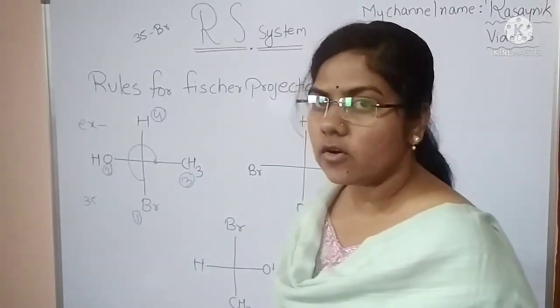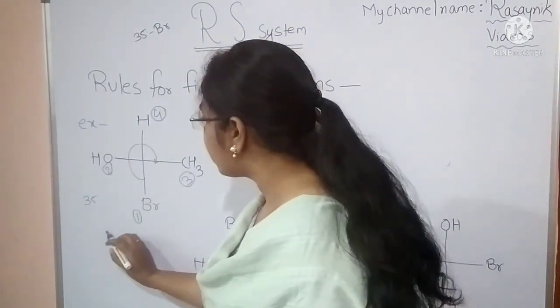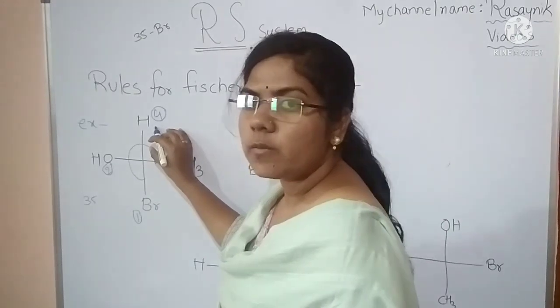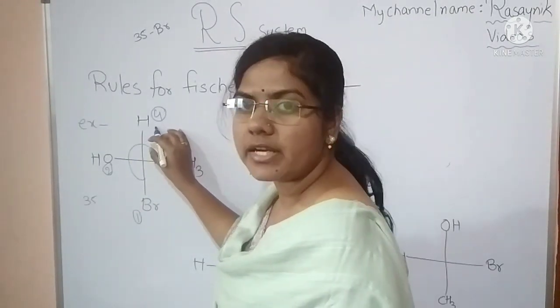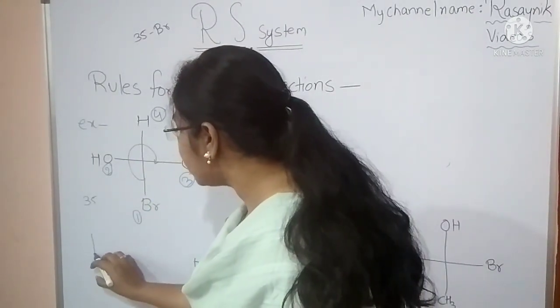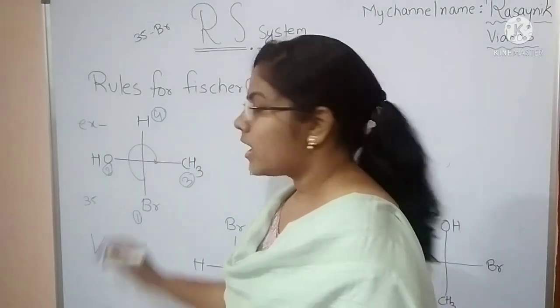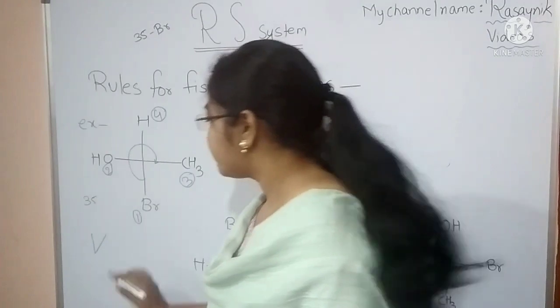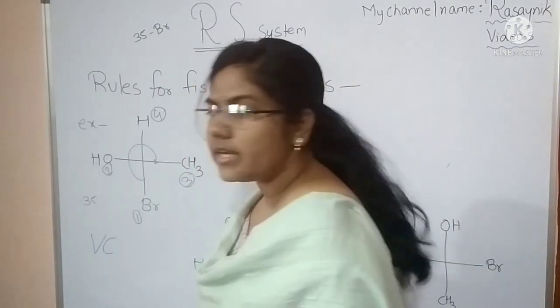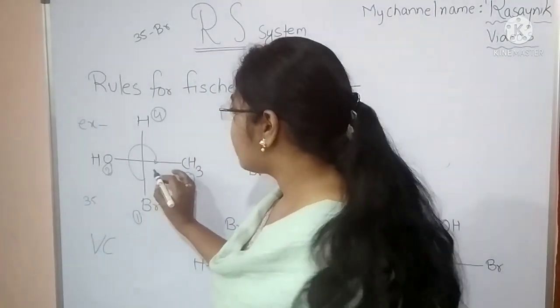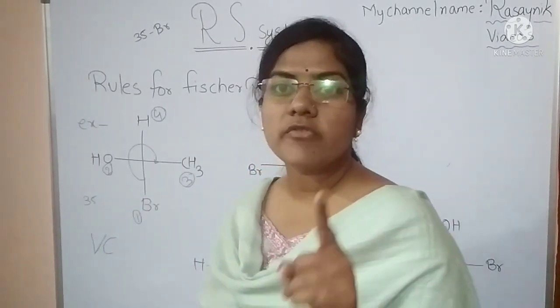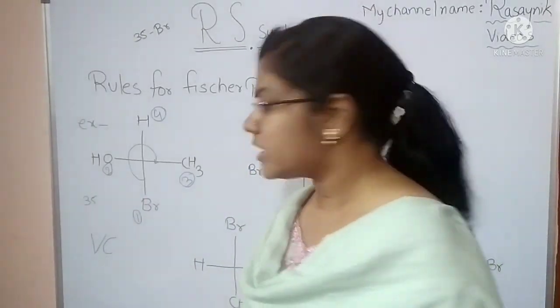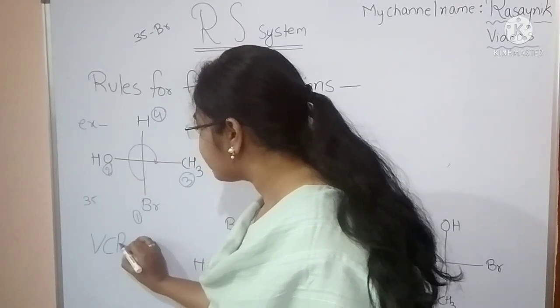In the vertical line. Okay. Then how will it be given? The least priority group is on the vertical side, so we have to write vertical. And in which direction does it rotate? Clockwise direction. And in clockwise direction, which configuration will come? R configuration will come. Exactly. Okay.